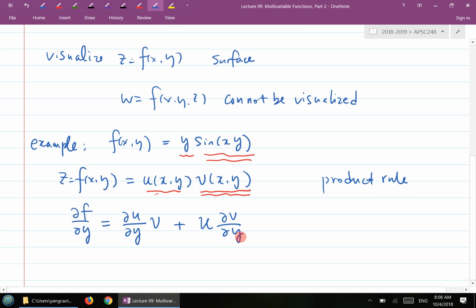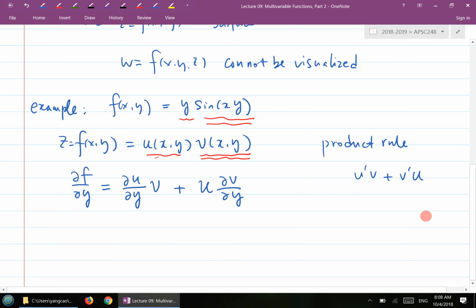Okay, that's a product rule. It's like u prime v plus v prime u for functions of single variables. Good?